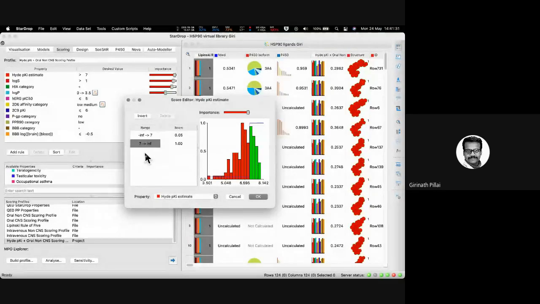Any compound having activity greater than 7, I'm giving 1. That means even if your activity is less than 7 or 6, it will still be considered in the data set. If you want to be more strict, you can say minus infinity to 5 gets 0.05 and 5 to 7 gets 0.5 if you want to be more realistic. That also can be done.